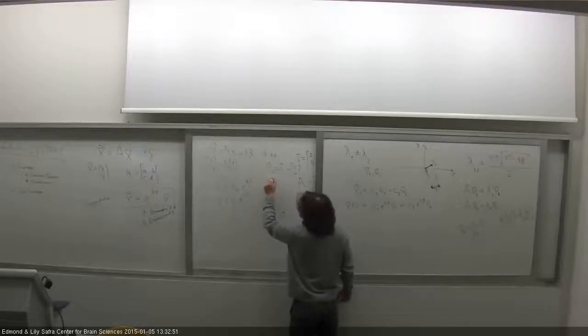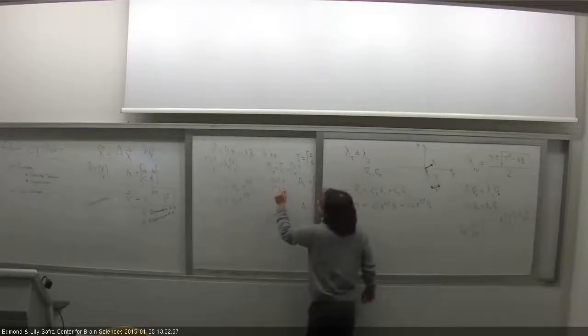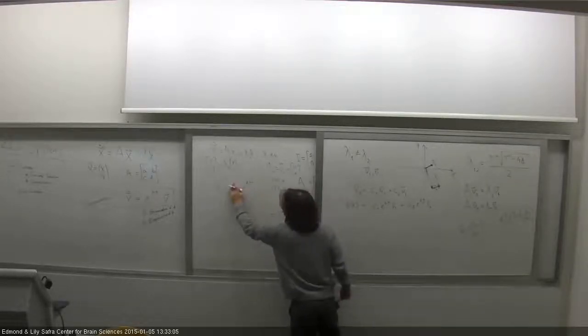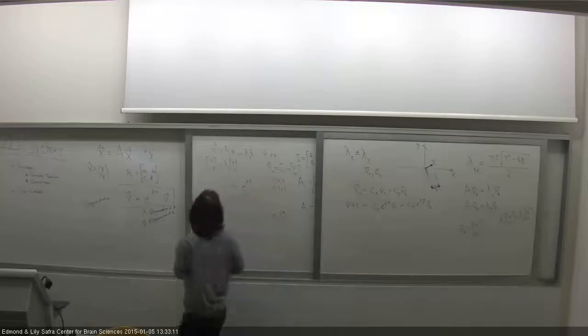Then x dot equals lambda 1 x, y dot equals lambda 1 y, like I wrote here, only that x0 is u and y0 is w.